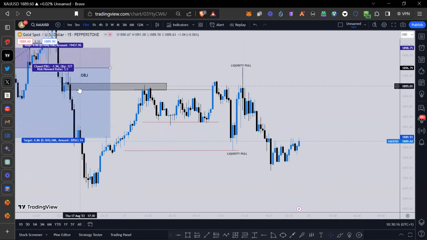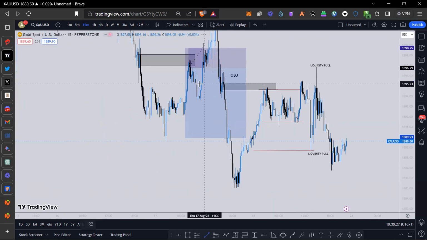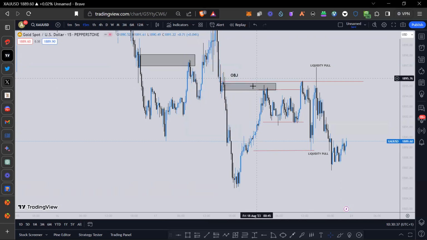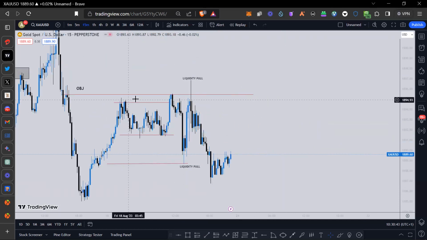Obviously, price is not supposed to cross this level if we're still going to remain in a downtrend overall. But it did. It crossed that level to take out retail traders who started to short the market early.